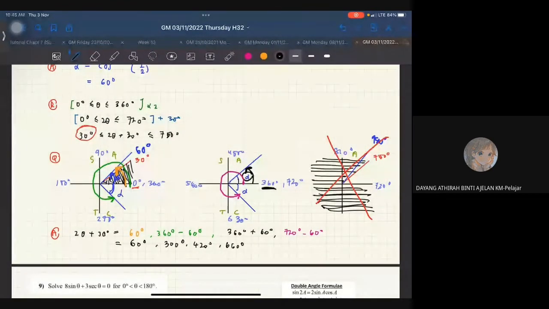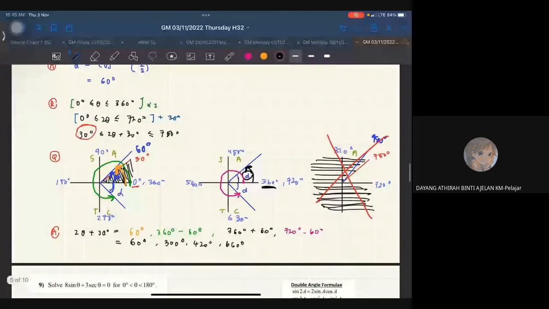Okay, this one. Okay, tapi soalan nak kita cari 2 theta plus 30 ke theta sahaja?